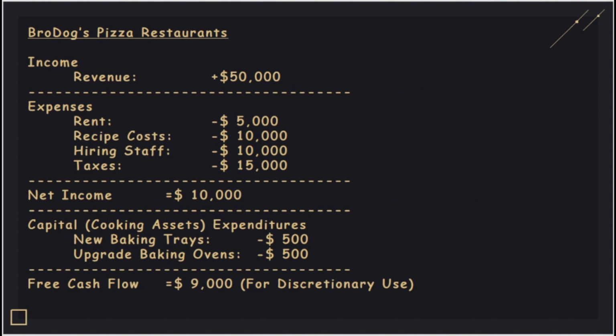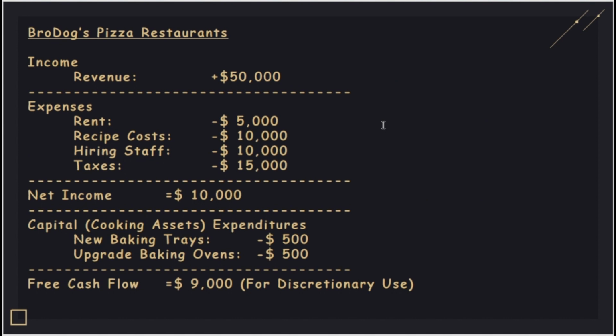However, when running the business, I also need to upgrade and maintain the cooking assets, such as buying new baking trays, upgrading baking ovens, and etc.